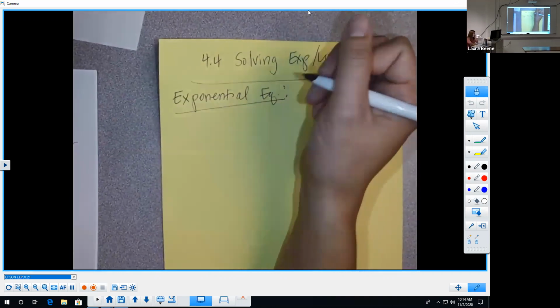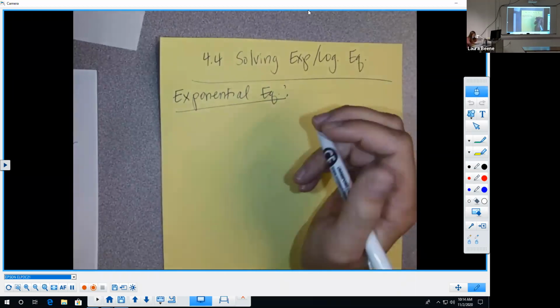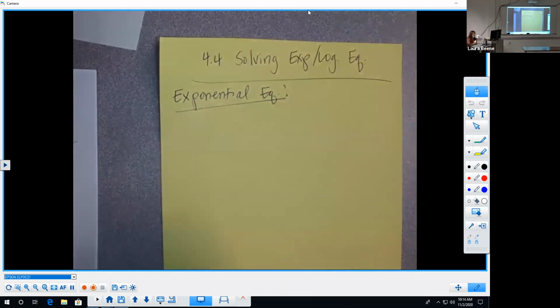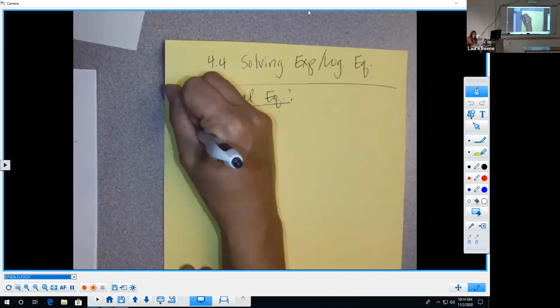Okay, so again, two different types of equations. The first kind of equation, or the first way to solve it, the idea is to make the bases the same.